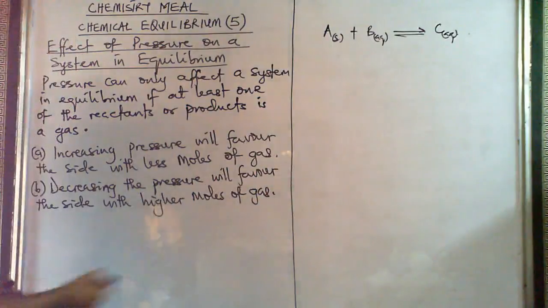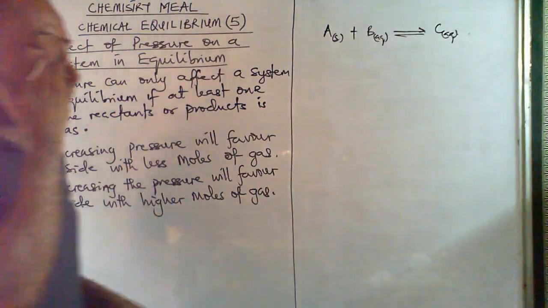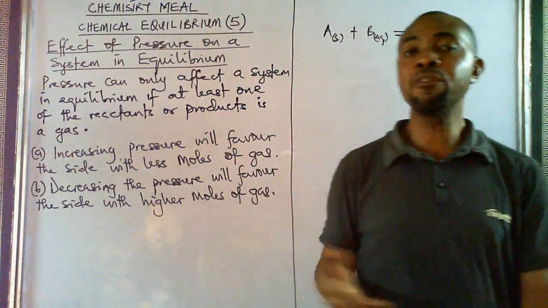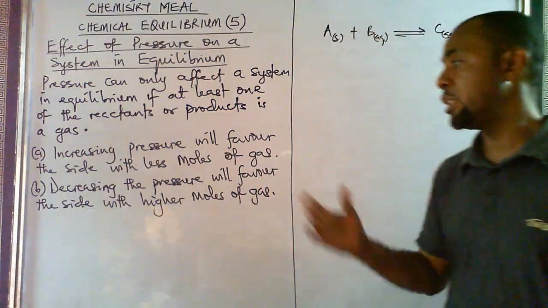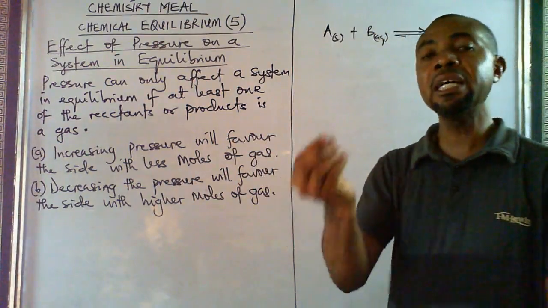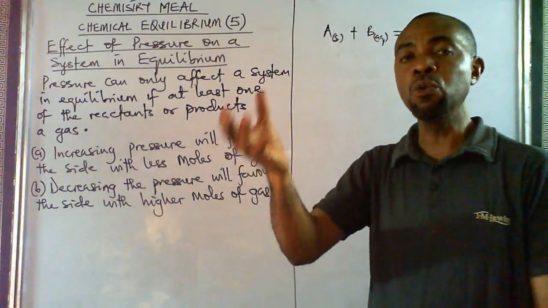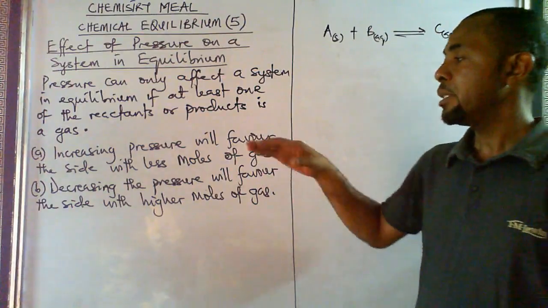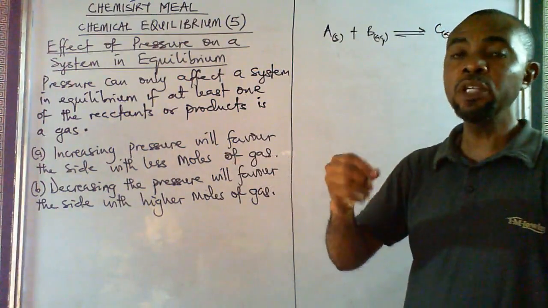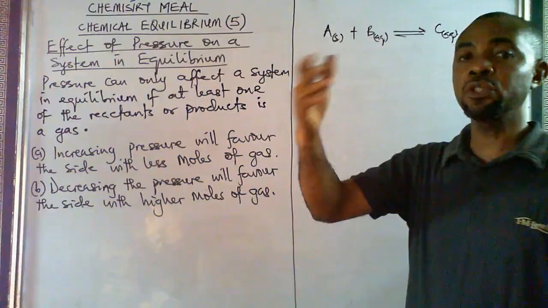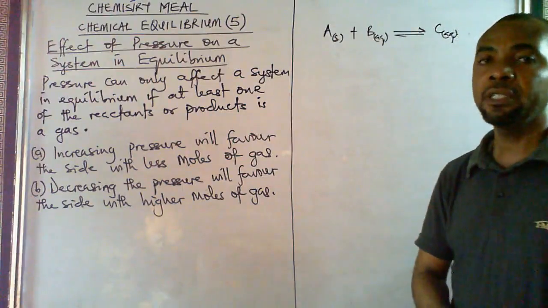So the equilibrium side that will be favored in an equilibrium reaction when pressure is increased is the side that contains less moles of what? Of gas. While the side that will be favored when you decrease pressure is the side that contains higher moles of what? Of gas.